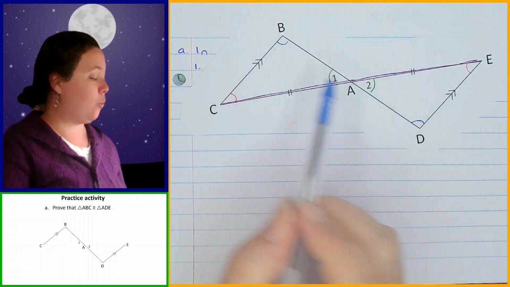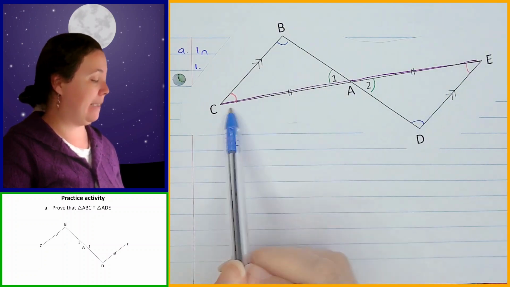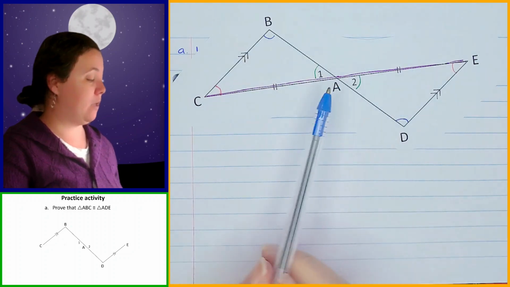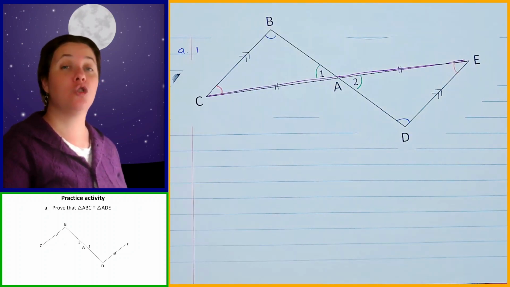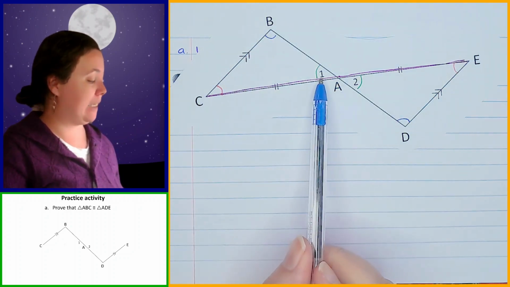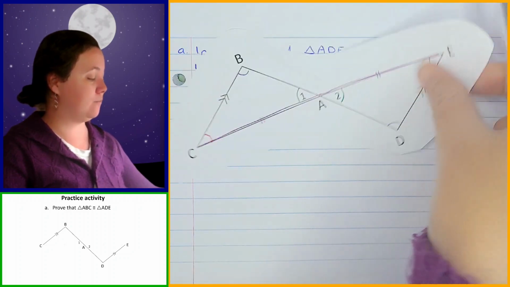Now, like I said, we already know that all three pairs of angles are equal to each other because we have a way of proving each of them. So you can choose two of those three pairs of angles. It doesn't matter which two you choose so long as you choose two of them. Okay, so I'm going to use angle A1 and angle A2.